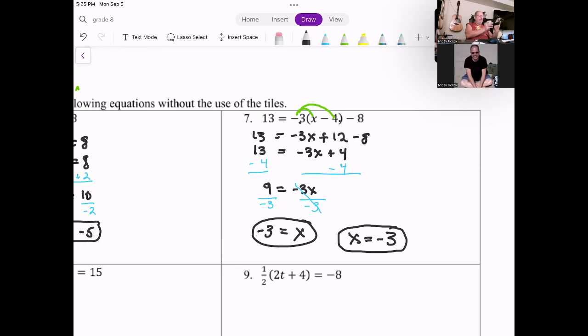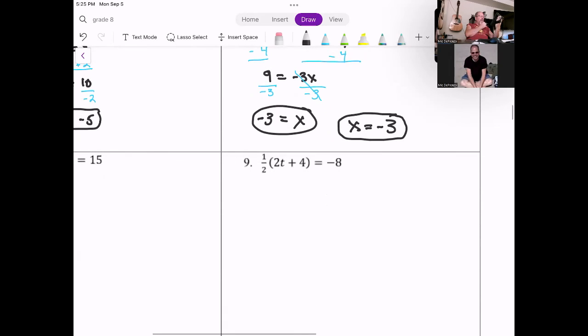But one day you may want to neaten everything up, keep it all orderly, all looking the same, and always have the variable equals. I'm going to go down to number 9. Number 9, I could clear the fraction as we did in the last set.